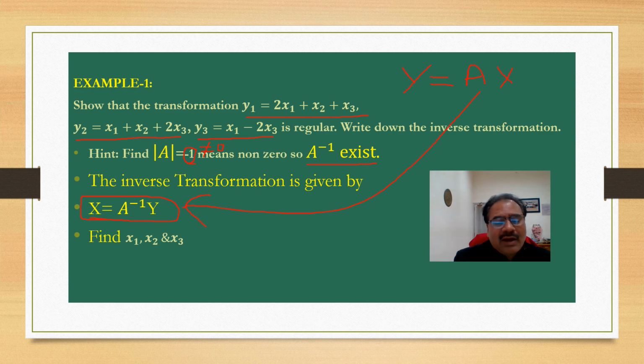Then this is the equivalent matrix form. You multiply these two matrices and equate with the column matrix X. Then it is easy to write x1, x2 and x3 in terms of y1, y2 and y3. In this way you can write the inverse transformation.